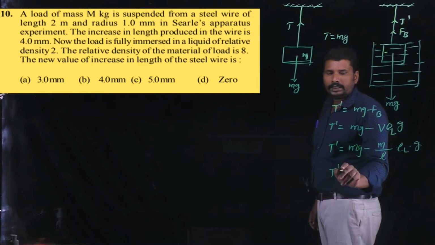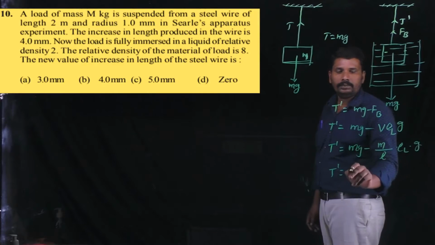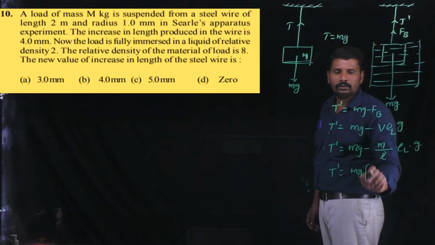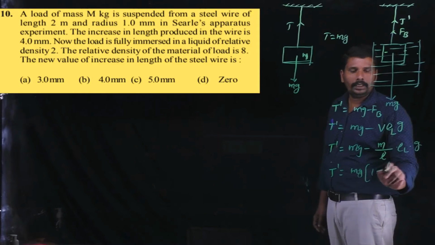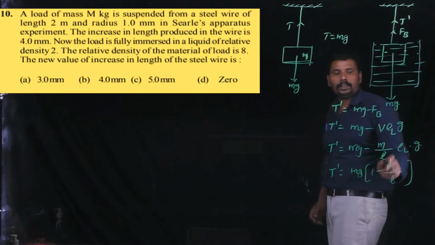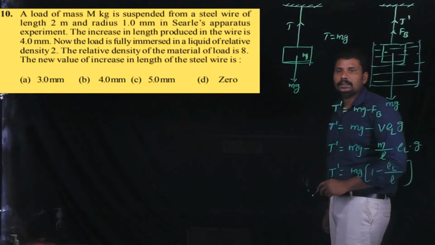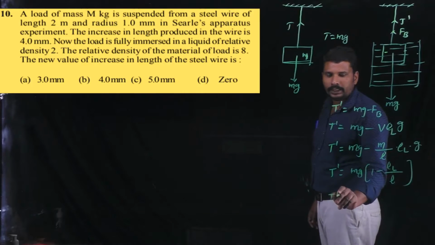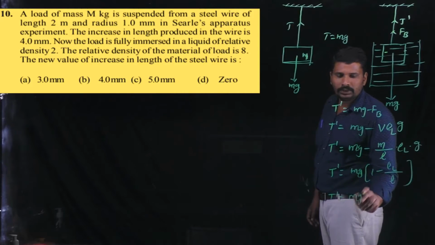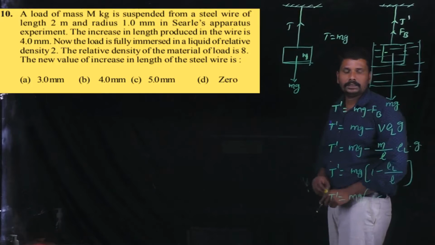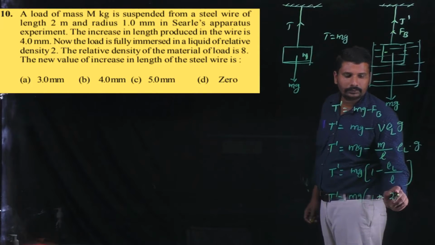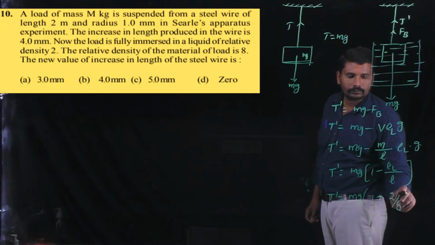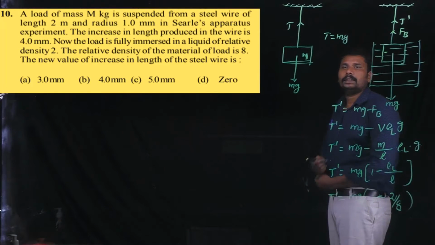From this, T dash equals, by taking common mg, mg into 1 minus rho L by rho. By substituting the values of the densities in the given data, T dash is equal to mg into 1 minus 2 by 8.